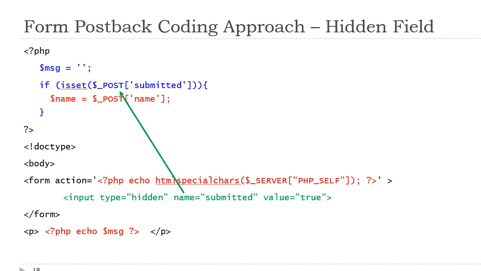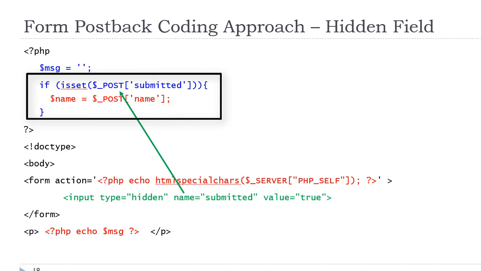Another approach commonly used to determine whether the form has been submitted or not is to check for the existence of a name-value pair. That is done using the isset function. You can check for a hidden field, as I am doing in this example, or you can check for an element on the page. You can also check for the submit button if it has a name.